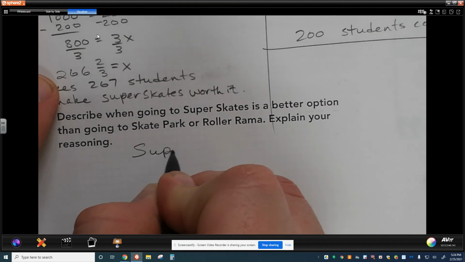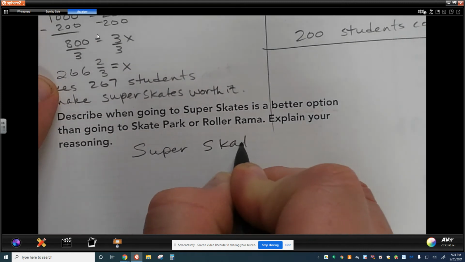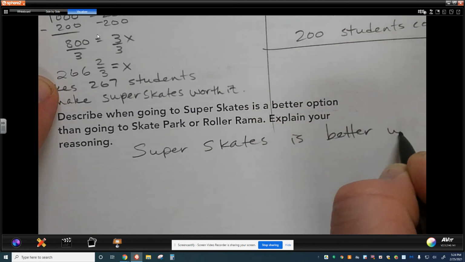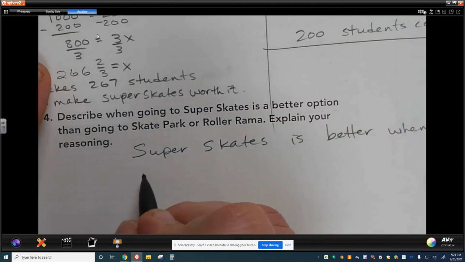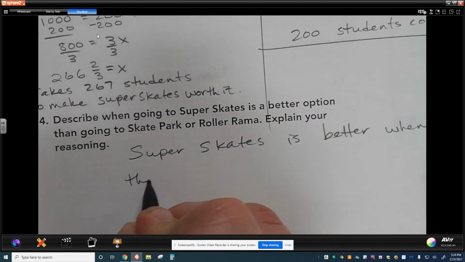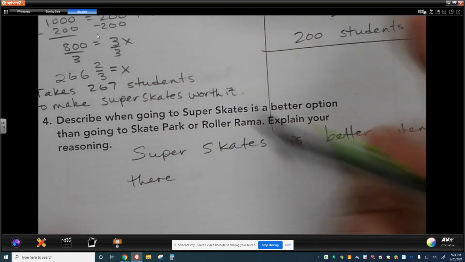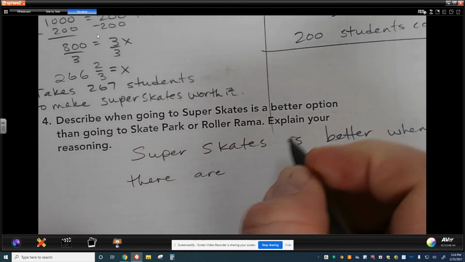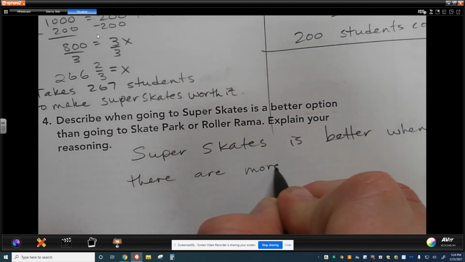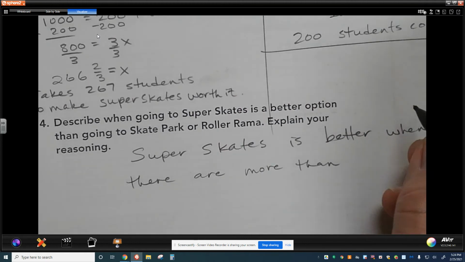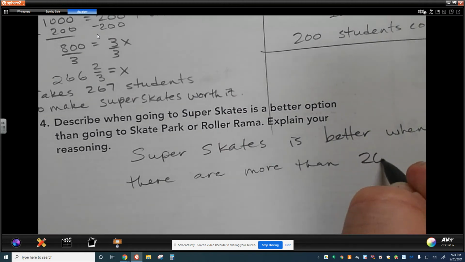We could say Super Skates is better when there are more than 267 kids.